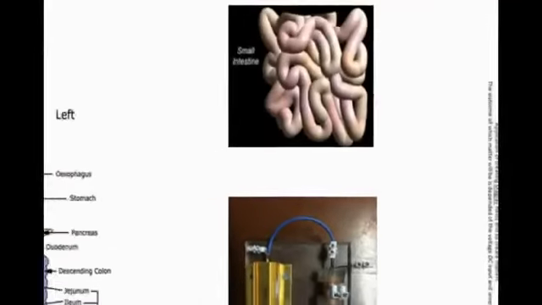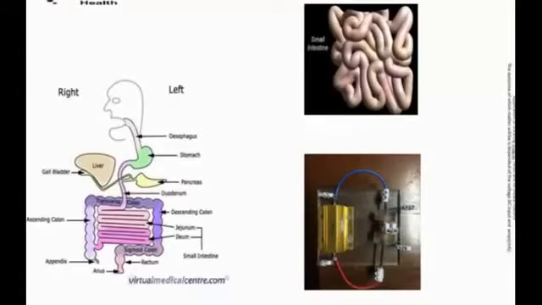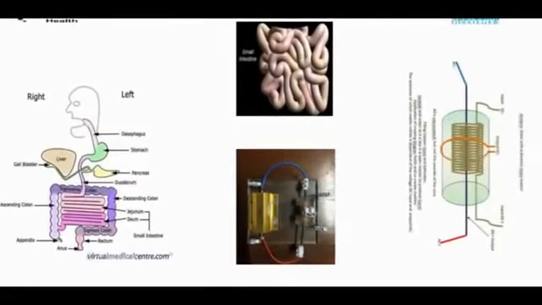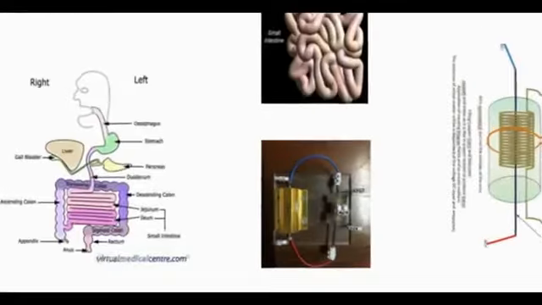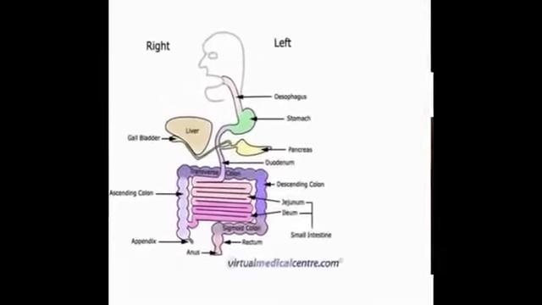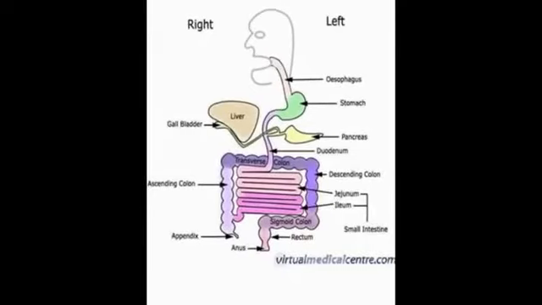Okay, then we go to the next slide. The next slide is a more schematic representation of how our small intestine turns and makes a specific shape inside of our abdomen cavity.